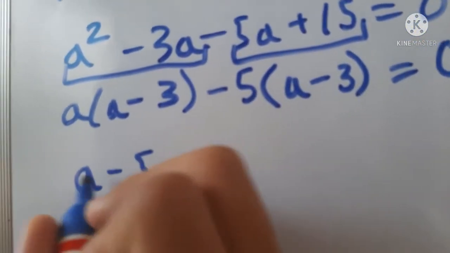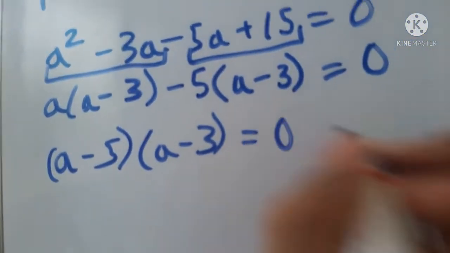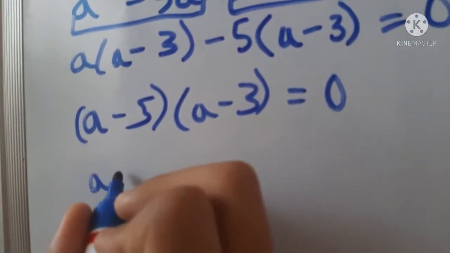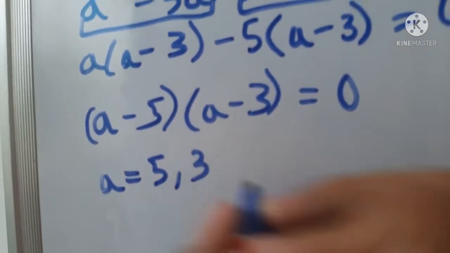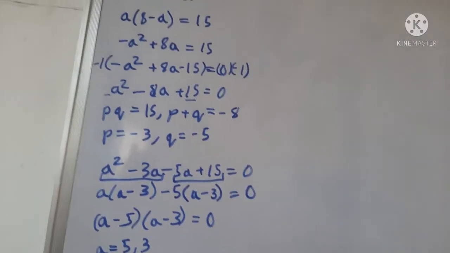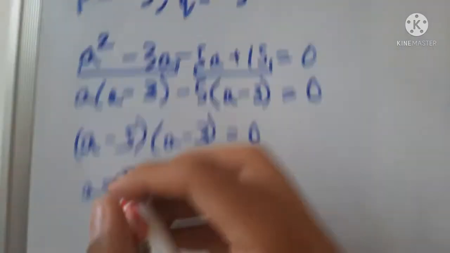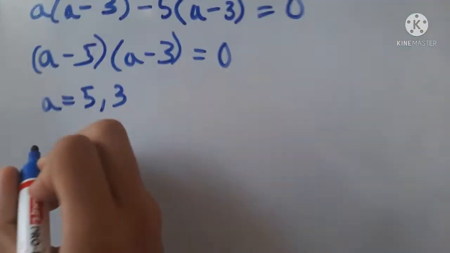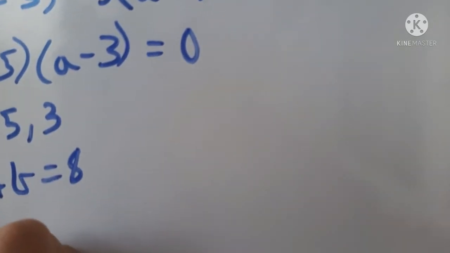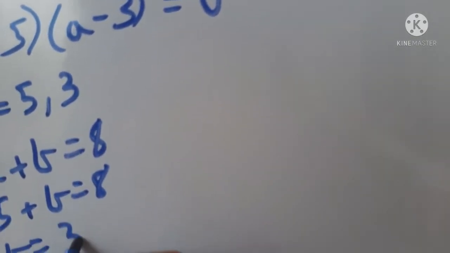Now we have a minus 5 and a minus 3 times a minus 3 equals 0. That means either this is equal to 0 or this is equal to 0. So a can be 5 or 3. If a is 5, then b is 3, because a plus b is 8, so 5 plus b is 8, b is 3.